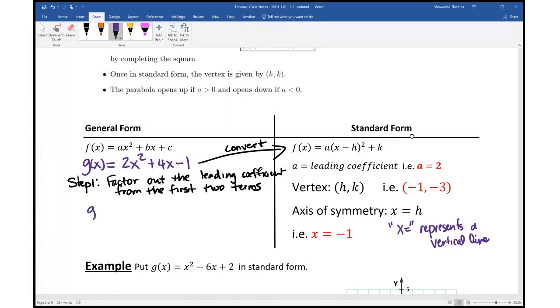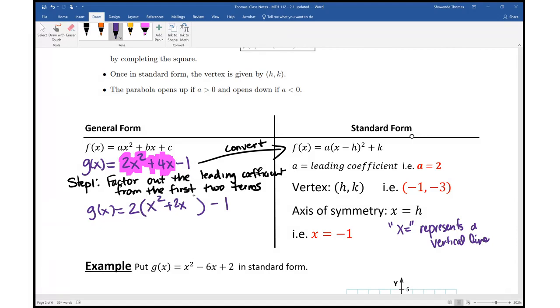We got g of x equals 2 times, if we factored out 2 from this 2x squared plus 4x. And we just factor out the a, not factoring like we normally factor, like the GCF. We're not factoring out the GCF, we're factoring out the a, or the leading coefficient. It will be x squared plus 2x.